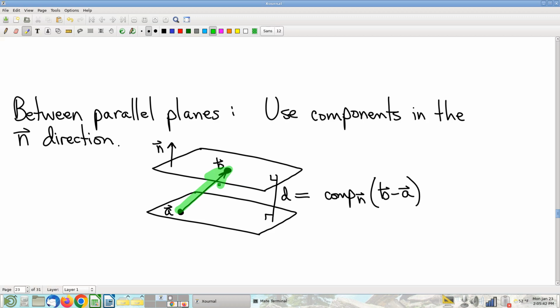But in the direction of the normal, if we just take the component in the direction of that normal, notice that component is exactly the distance that we wanted. There you go. Sometimes it's just one step. Everybody see how that worked? Alrighty.